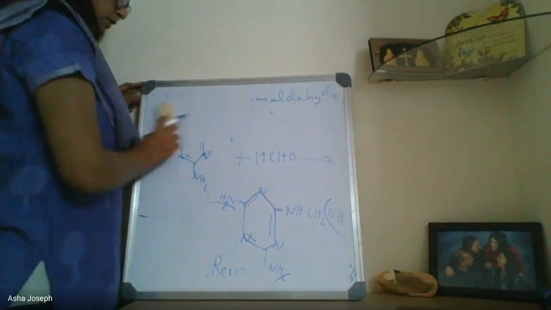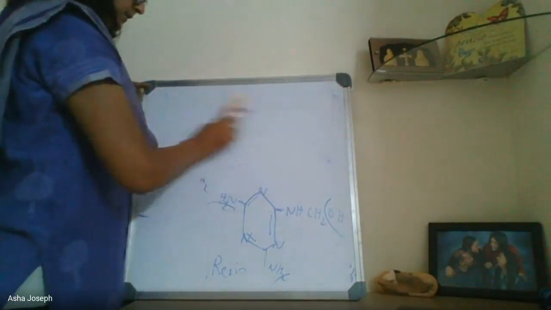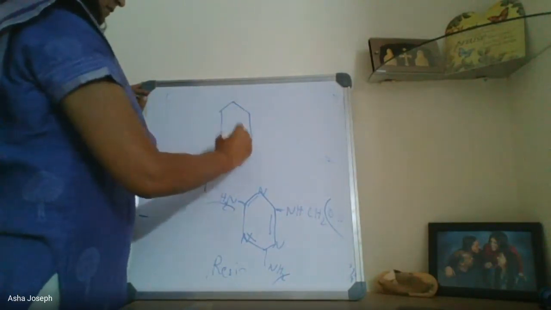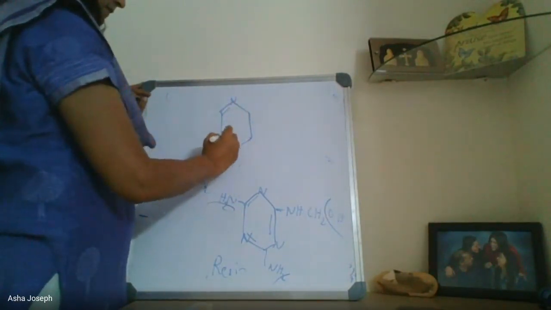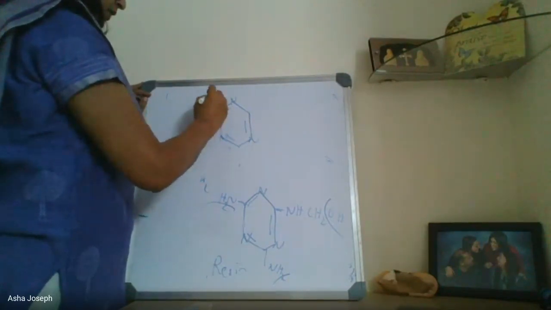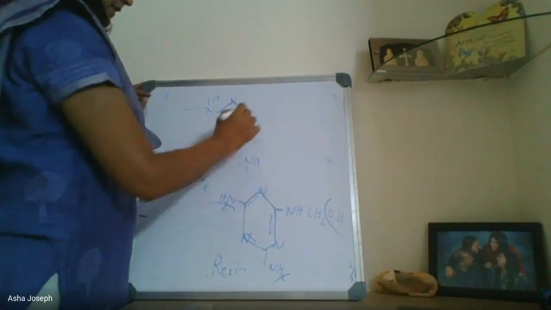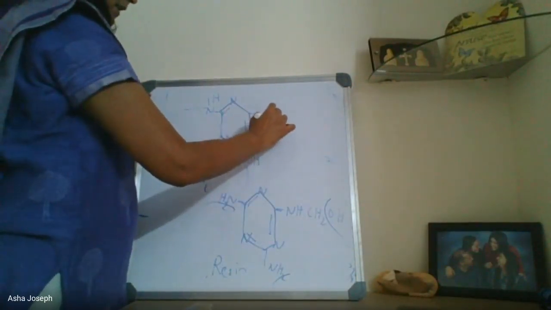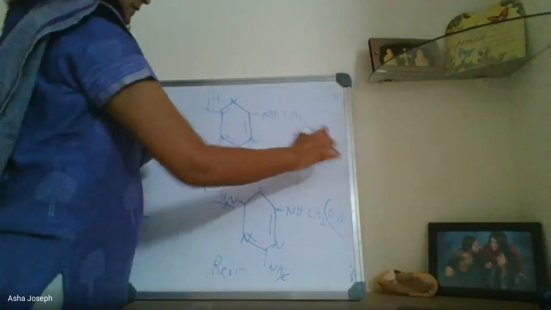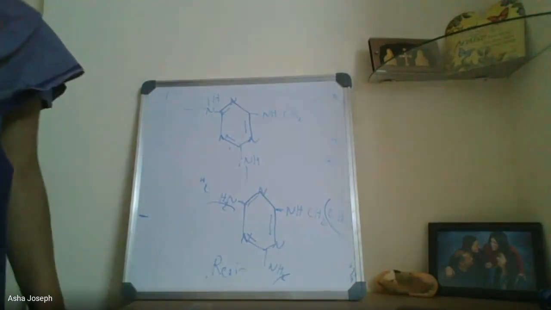So I am going to draw the polymer. Here I will put only NH. Here I will put only NH. Here I will put NH CH2 n times. Understood?